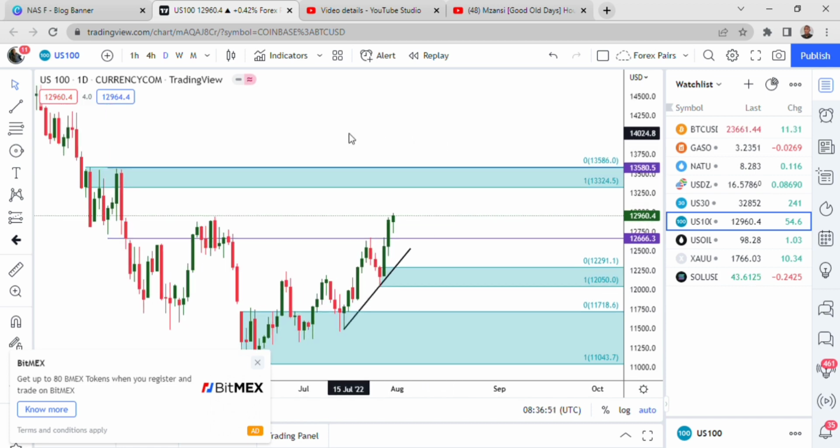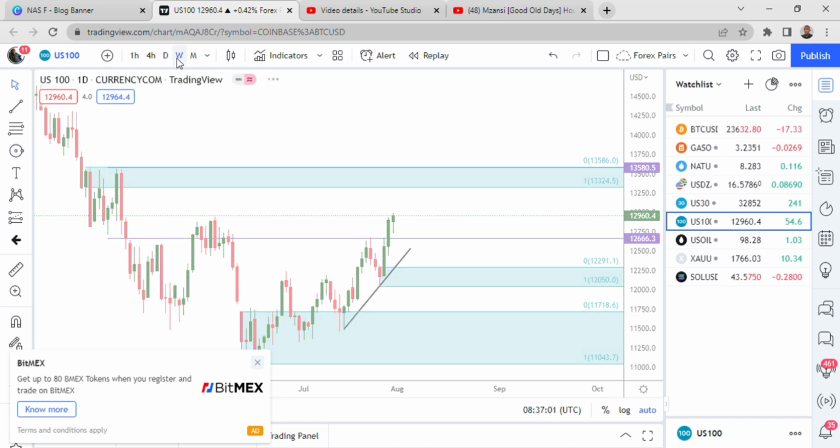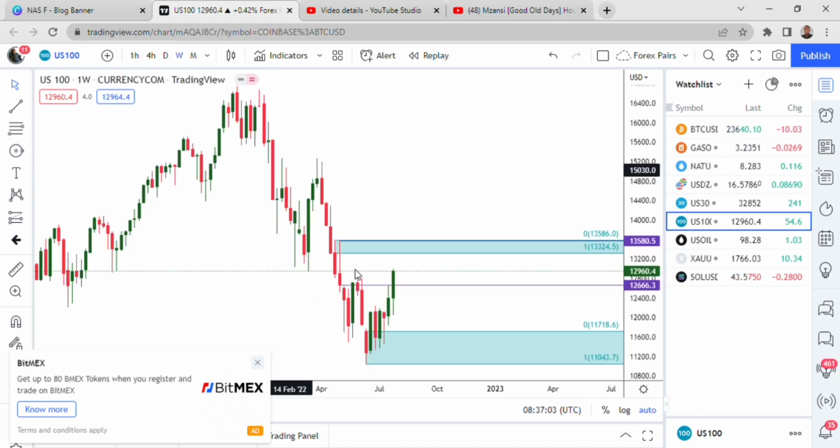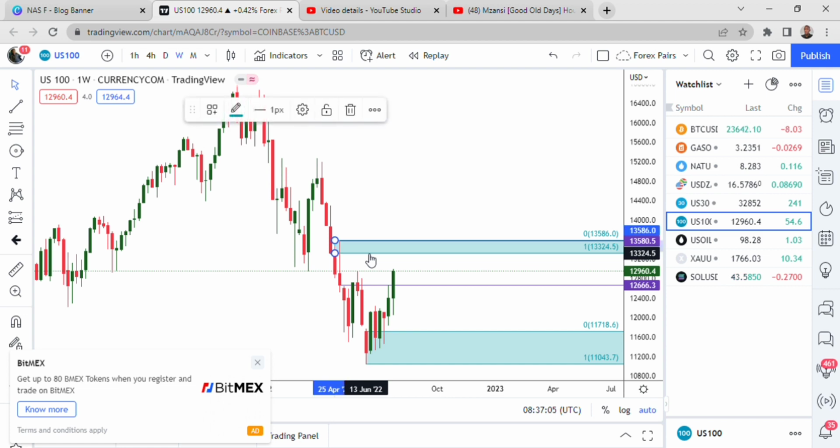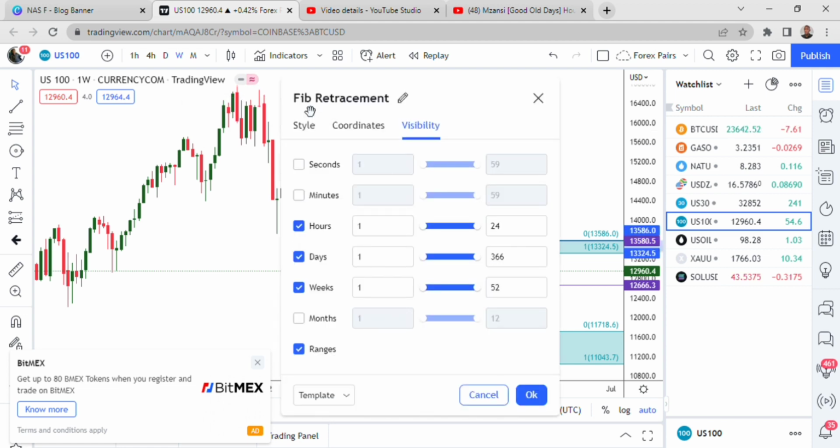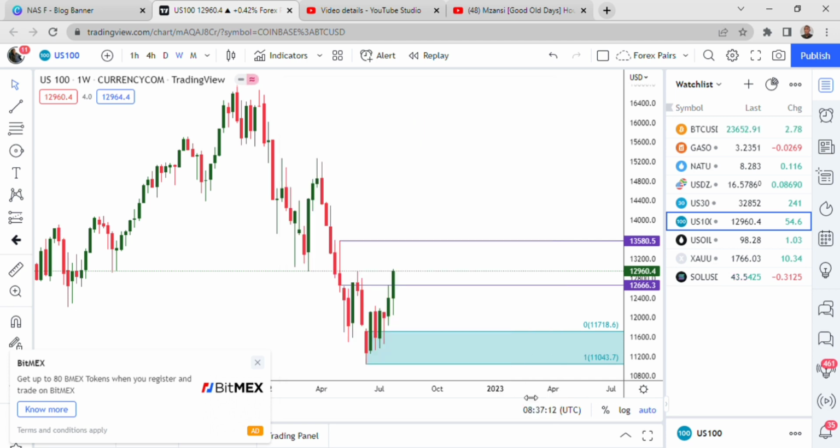So you can still say that you have space before you can hit that guy there, but it can still pull back, simply because as much as we broke this guy here, we haven't closed above.